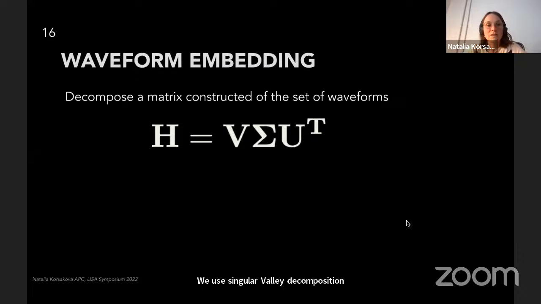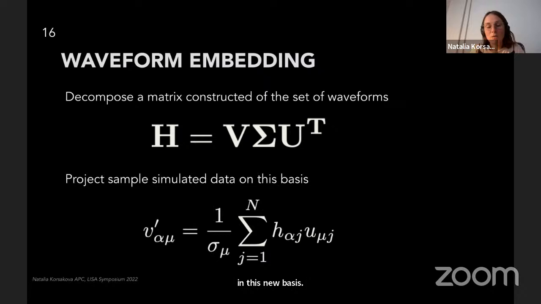We construct a matrix from a big array of waveforms, and from this matrix we find the preferred directions in this new basis. Then for each new waveform we project it on this new basis, and we take just the few coefficients that are enough for the reconstruction of the waveform.